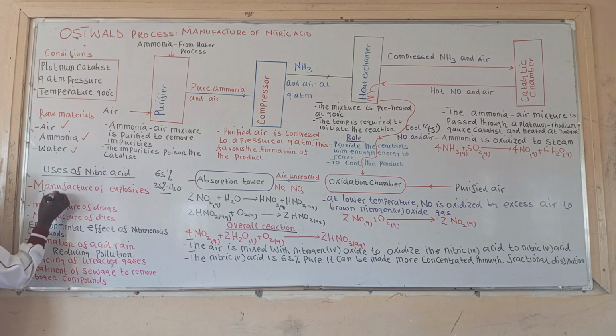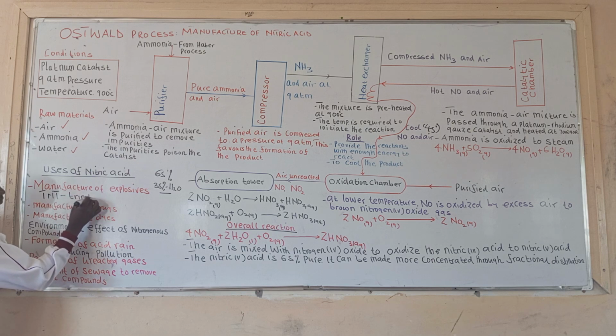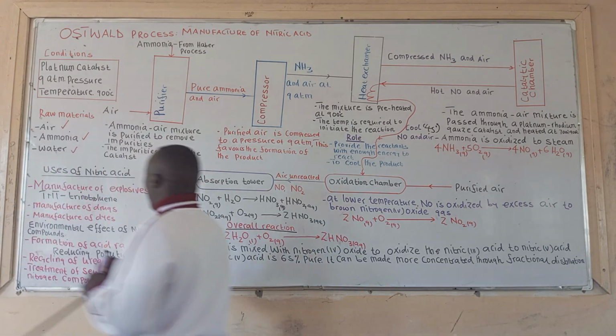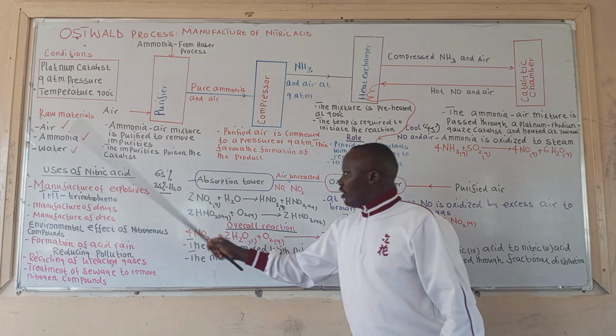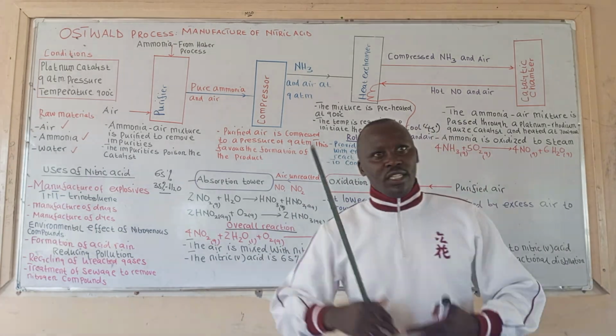TNT is known as trinitrotoluene. That is the meaning of that one. So this is an explosive. So it is used in the manufacture of explosives.